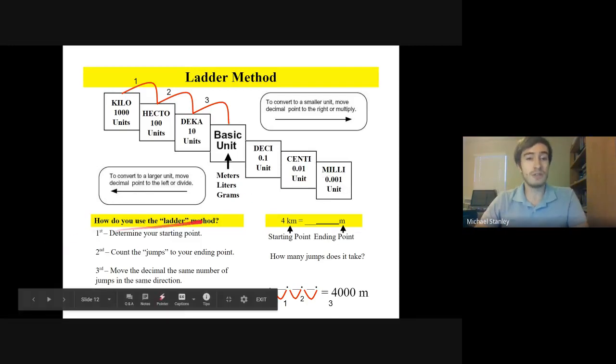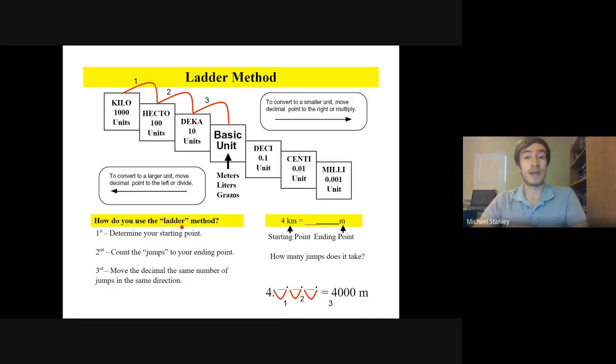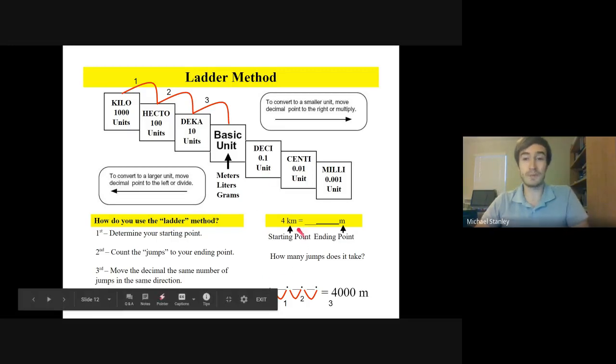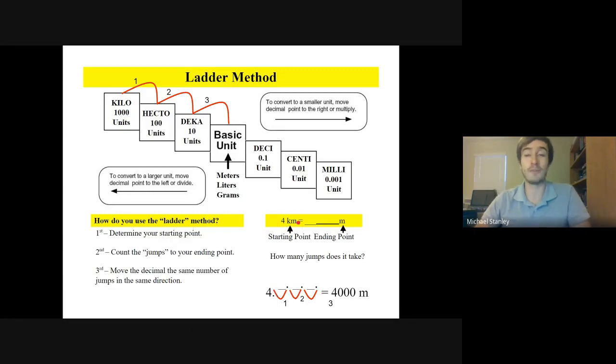So to use the ladder method, there are 3 basic steps that you go through. First off, you have to determine what your starting point is. So for example, if we said our starting point is 4 kilometers, and we wanted to know how many meters are in 4 kilometers.